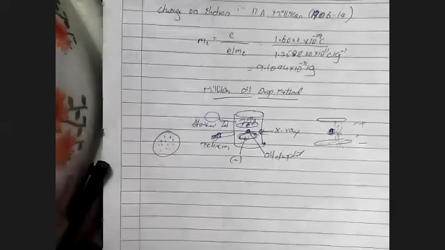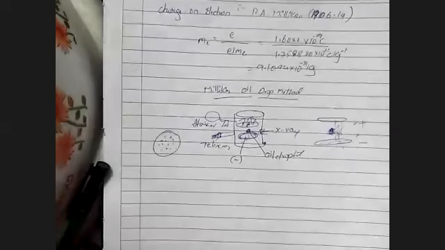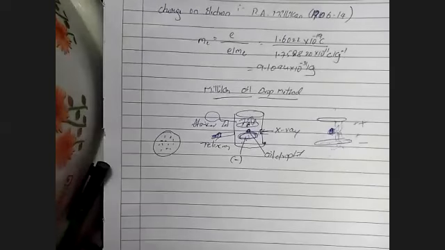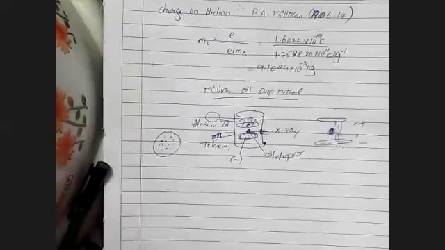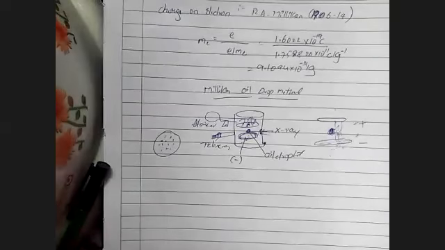Okay. So next, atomic models. Now the atom has three particles, that is electron, proton and neutron. Electrons are called negatively charged particles. Protons are called positively charged particles, and neutrons are said to be electrically neutral.